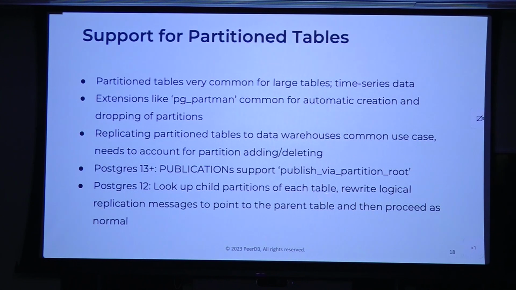In Postgres 12, this option isn't there. Since we want to support older versions of Postgres, we look at the child partitions ourselves. Using a catalog query, we can see that this table has 100 partitions. Every time we see one of these 100 partitions, we rewrite the message ourselves to point to the parent table and then proceed. So if you get child table 117 or something, we just rewrite it to point to the parent table and then proceed with the logical replication.